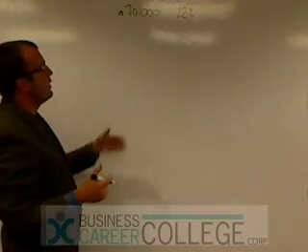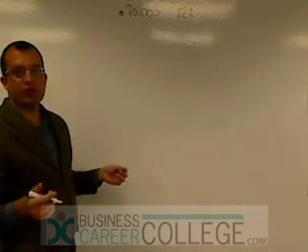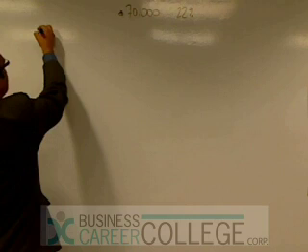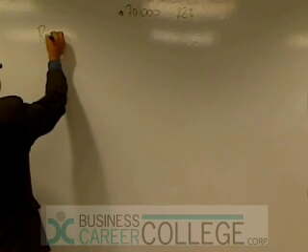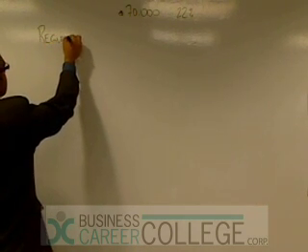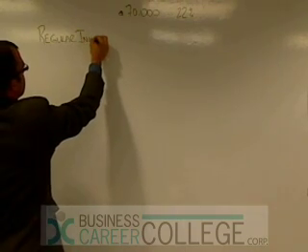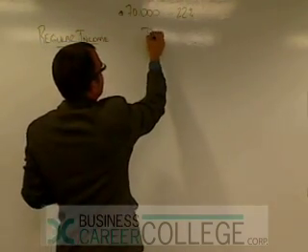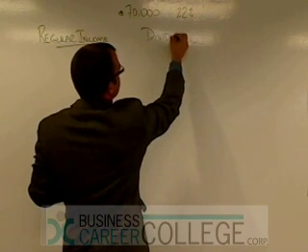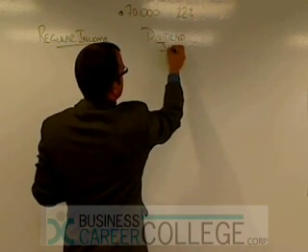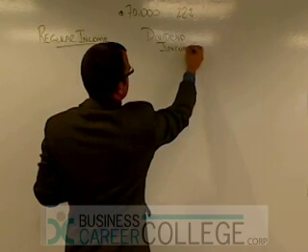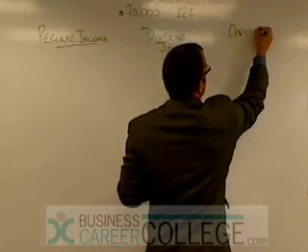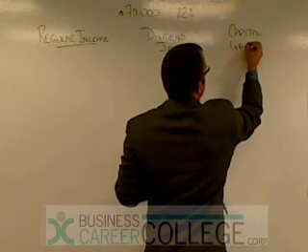Now let's say that this particular income earner earned three sources of investment income. We could have regular income, we could have dividend income, and we could have a capital gain.